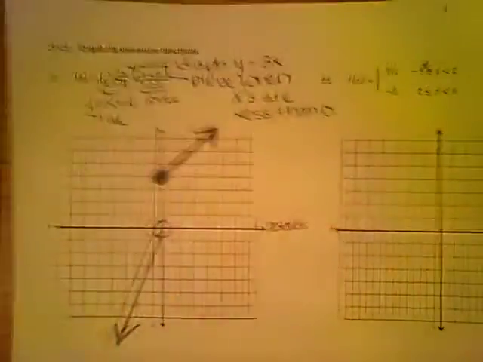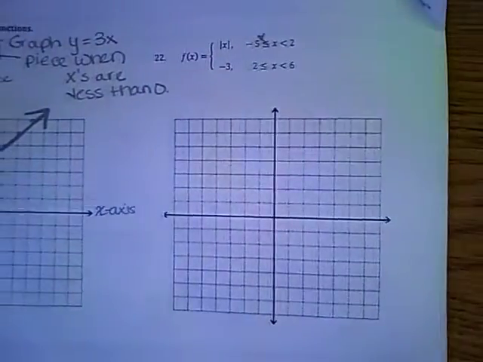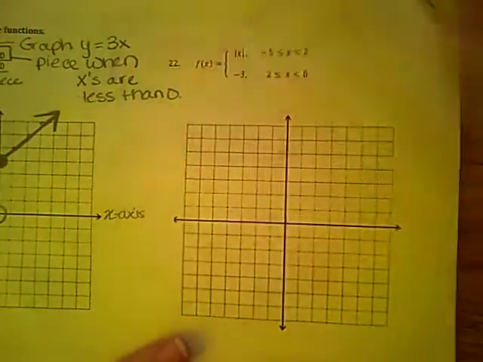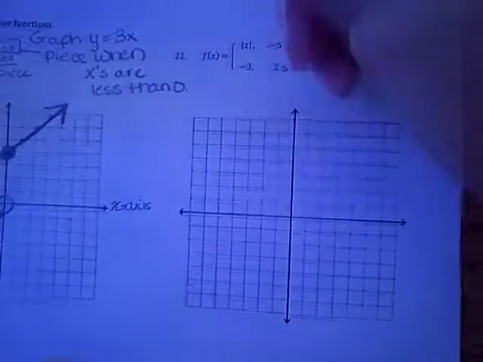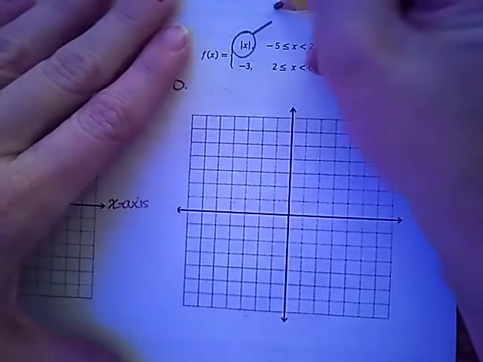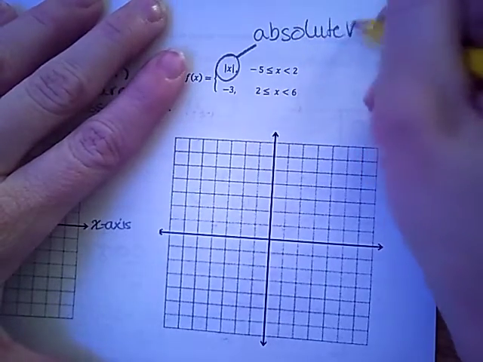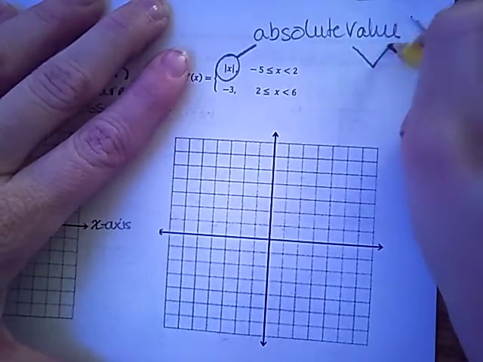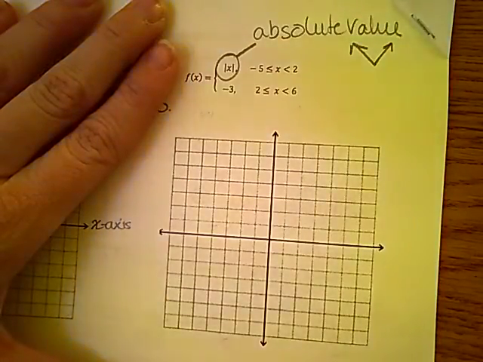Next, 22. So this one incorporates an absolute value function. How do I know that that's an absolute value function? Absolute value function should be a V-shaped graph, so you definitely need to know that.